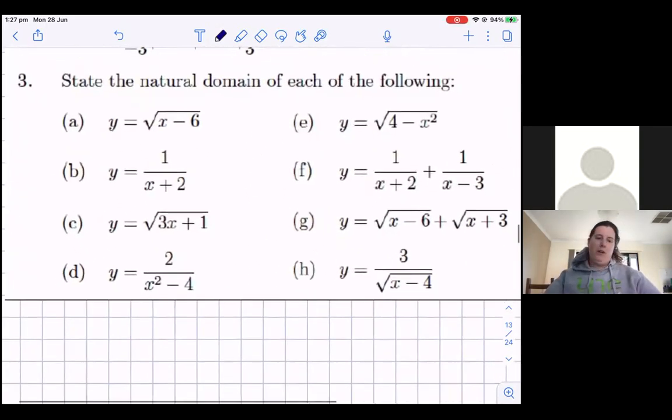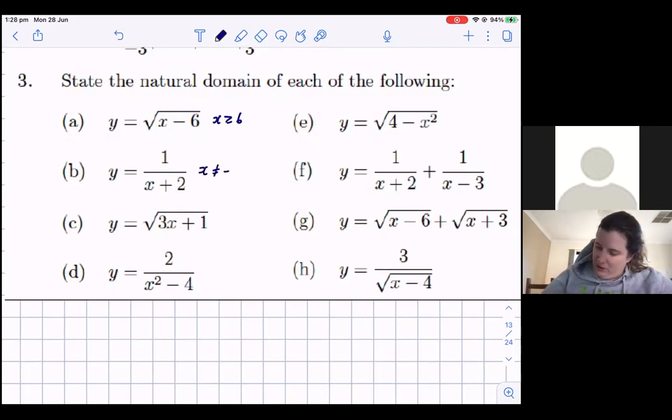Natural domain, square roots. We don't want it to come out as a negative. So x is less than or equal to 6. No, x is greater than or equal to 6. Thank you. Reciprocal functions, like a fraction, we don't want the bottom to be 0, so x does not equal negative 2. Here, x has got to be bigger than or equal to negative 1/3.